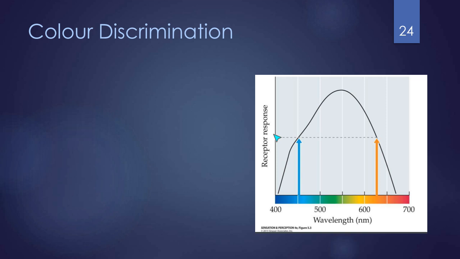So this graph shows that light at either 450 or 625 nanometers produces a response lower than the peak response, about that 535-ish range. And more importantly, it shows the exact same response of this receptor to two completely different wavelengths of light. 450, 625, you've got the same response.